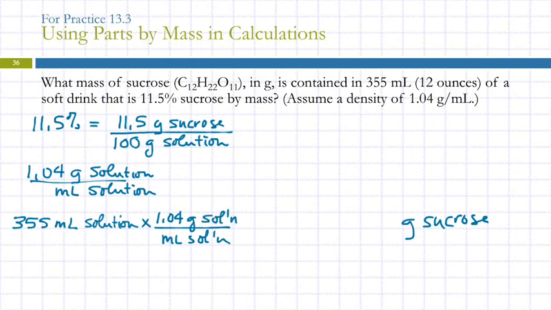Soln is what chemists do when they get tired of writing the word solution. So milliliters of solution cancel out. Now I've got grams of solution. I'm getting closer. I got the right unit. Would this help? Yeah, because this has the unit I want on top and the unit I want to get rid of on the bottom.